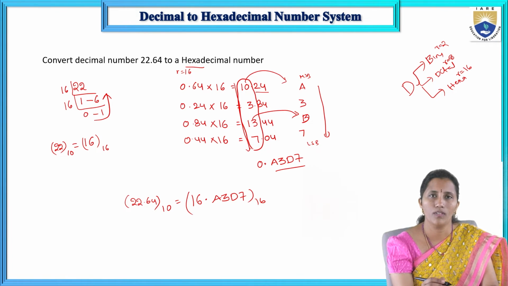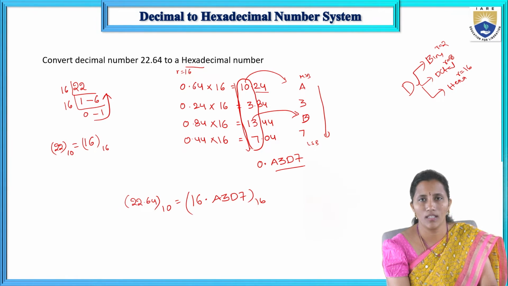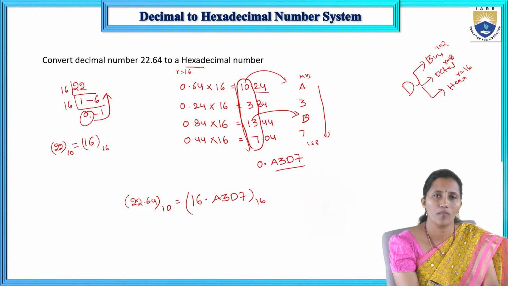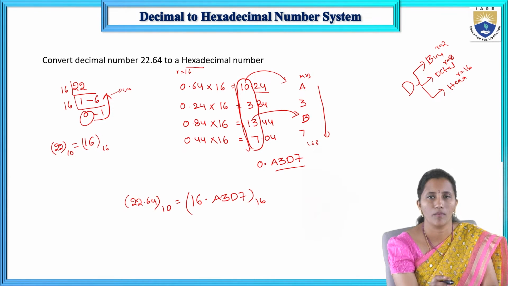In each step we take the quotient and remainder. The quotient is again divided by the radix. This procedure is repeated until the quotient is 0. And consider only the remainder values from down to up. That is, the bottom value will be the MSB, and the top value will be the LSB.